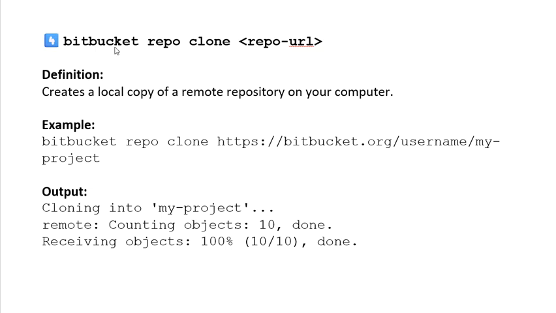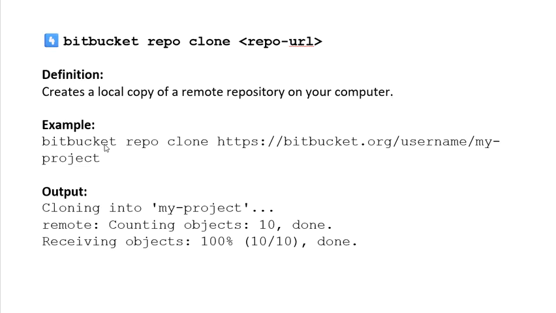And fourth is bitbucket repo clone with the repository URL. The definition is: create a local copy of the remote repository on your computer.